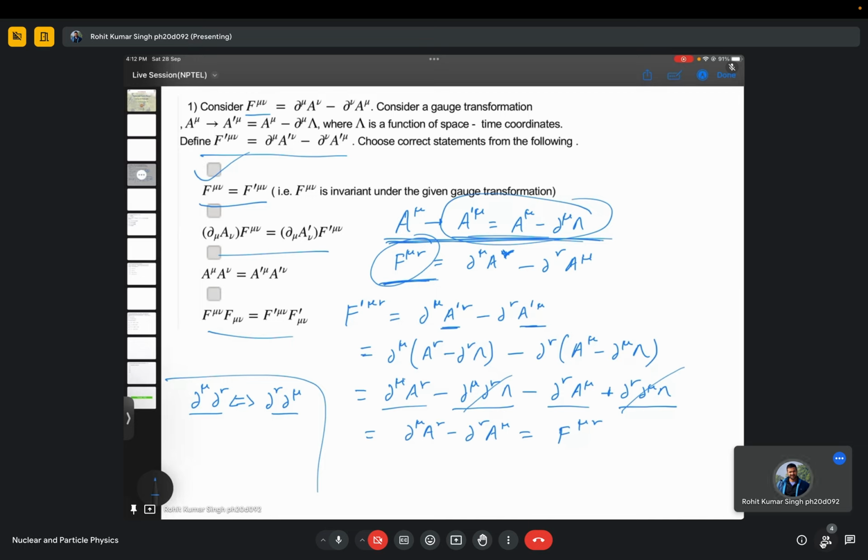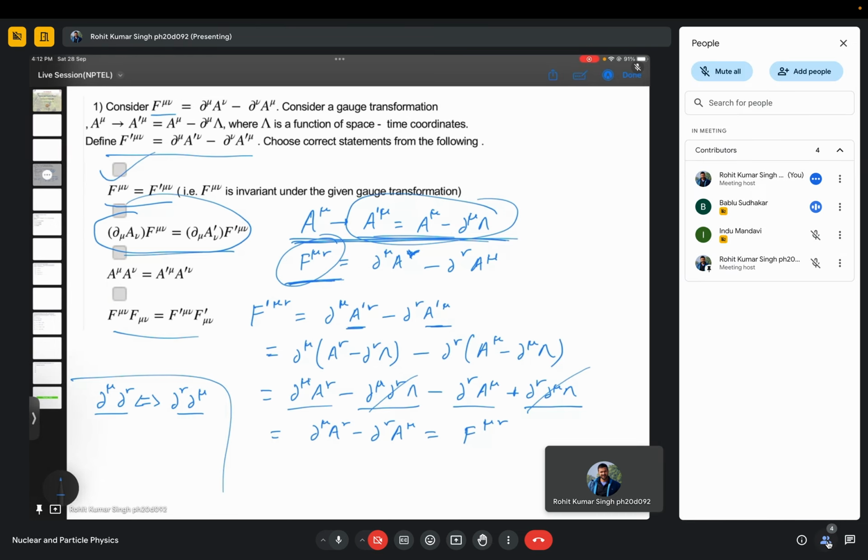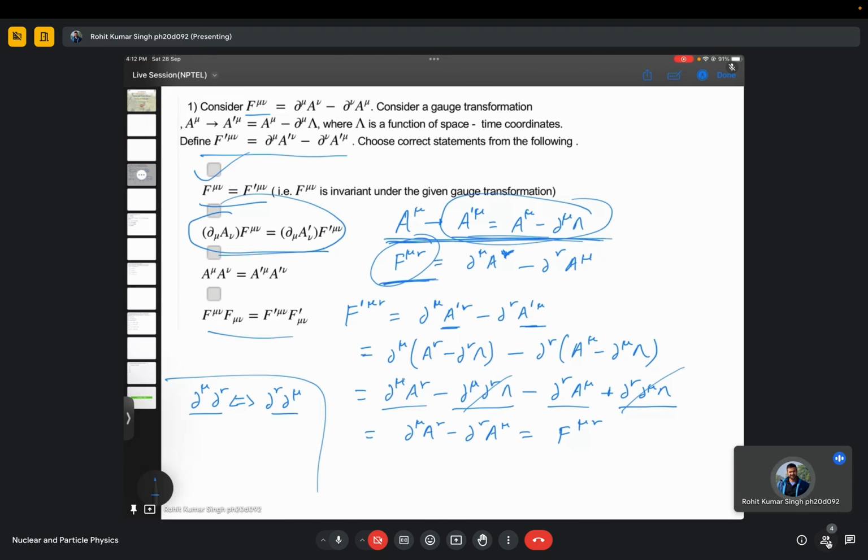Now what else can be correct out of these options? Can this be a correct option? Anyone? So option 2 cannot be correct.